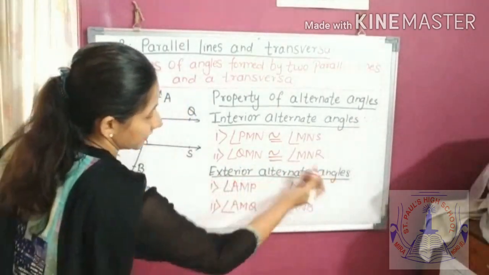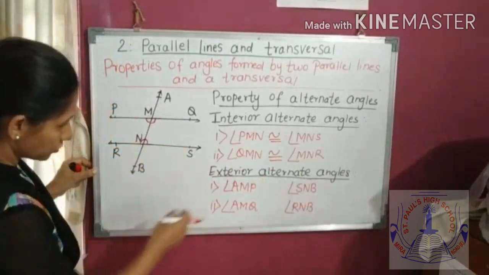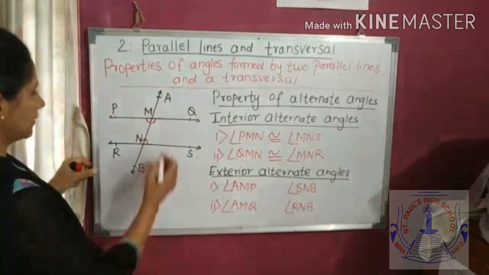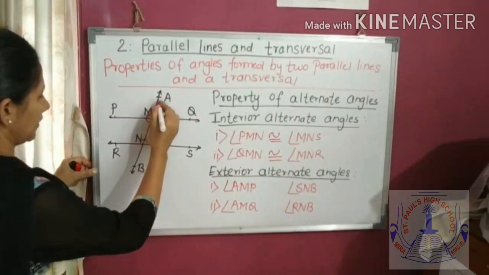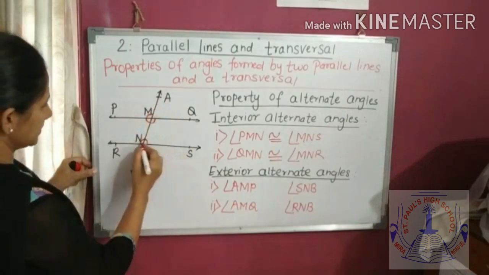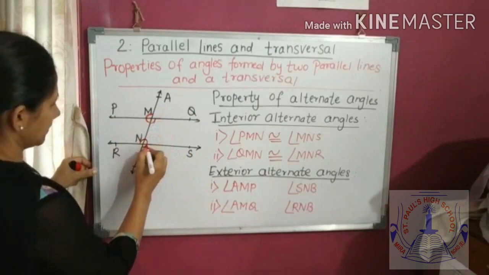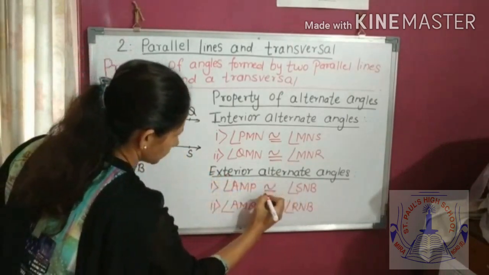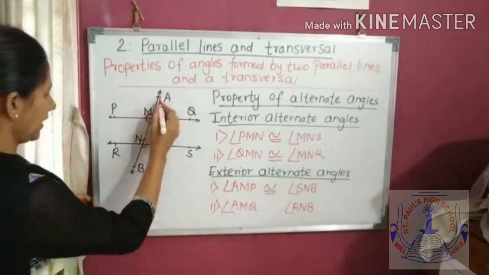Similarly, we have two pairs of exterior alternate angles which are also congruent to each other. Here we have angle AMP and angle SNB. So angle AMP is one angle of the pair, and angle SNB. They are exterior alternate angles, and they are also congruent to each other.